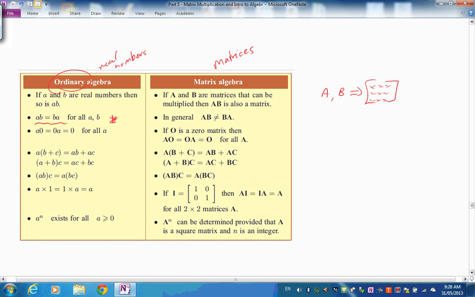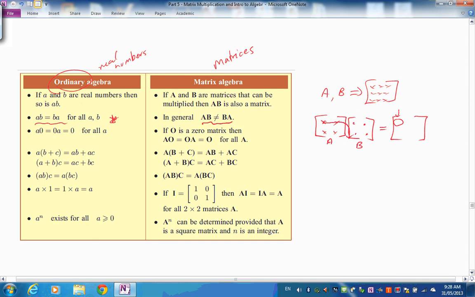We'll just come back down here and have a look at that. So here, can you see by now that AB would not be equal to BA? Well, let's have a look at that. If we had matrix A, let's make them both square. Okay, so if this was matrix A and this was matrix B over here, whatever those entries might be, that row would dive down that column to make your first entry, row 1, column 1 in there.